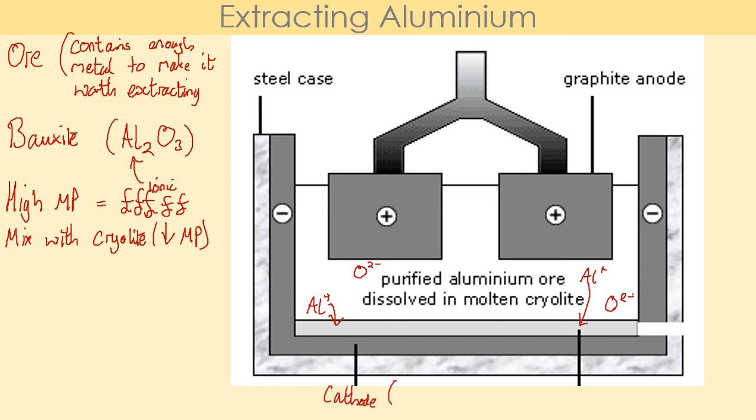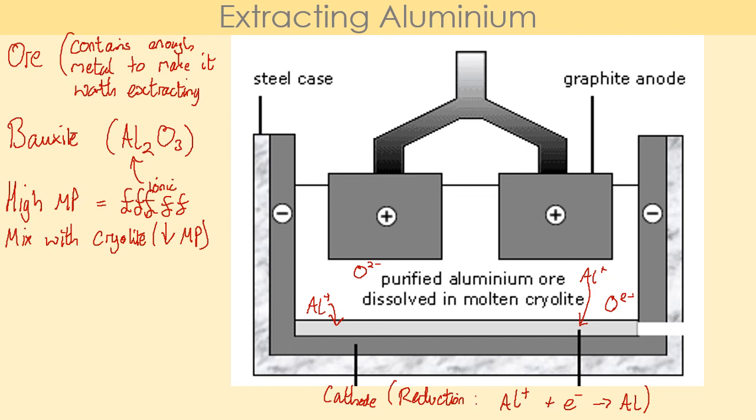At the cathode, they're going to gain electrons, so we have reduction. What's happening? Aluminium ions are gaining electrons to become aluminium atoms. We get loads of those. It solidifies or it cools down. We get liquid aluminium and it can be drained out.